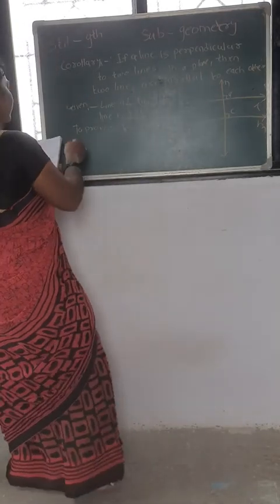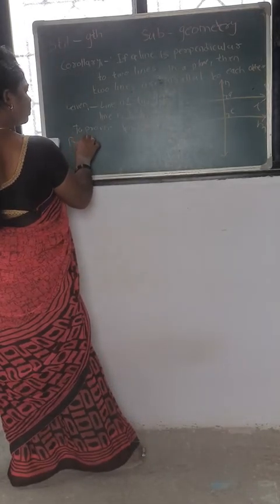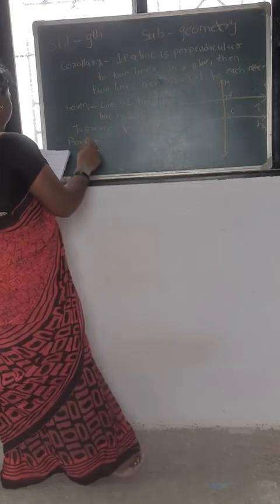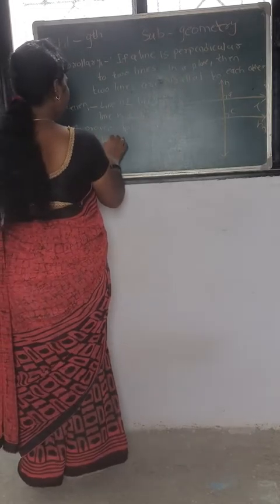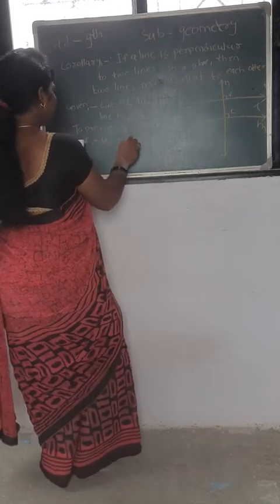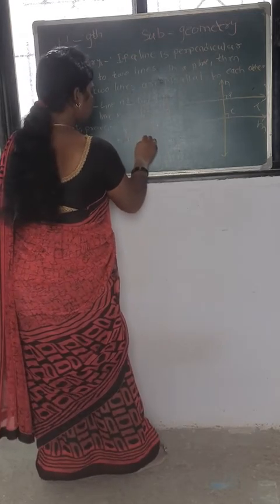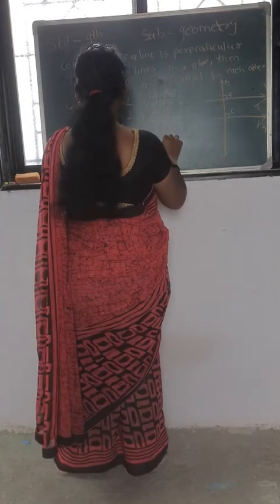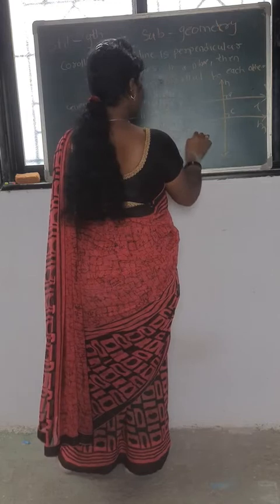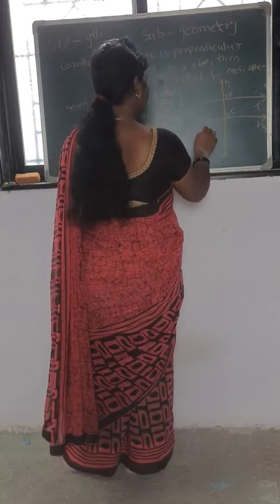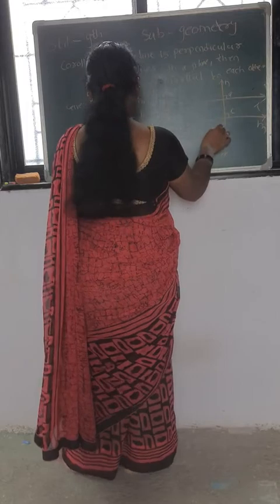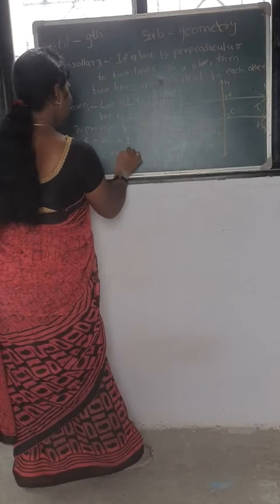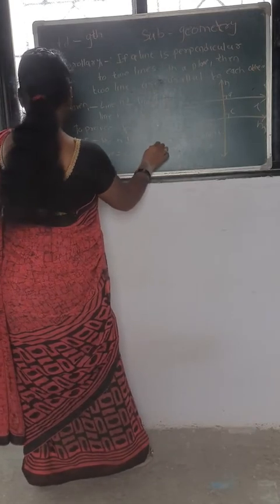The proof is: line EN is perpendicular to line EL and line EN is perpendicular to line EM, as given. Then angle A is equal to angle C, which is 90 degrees.